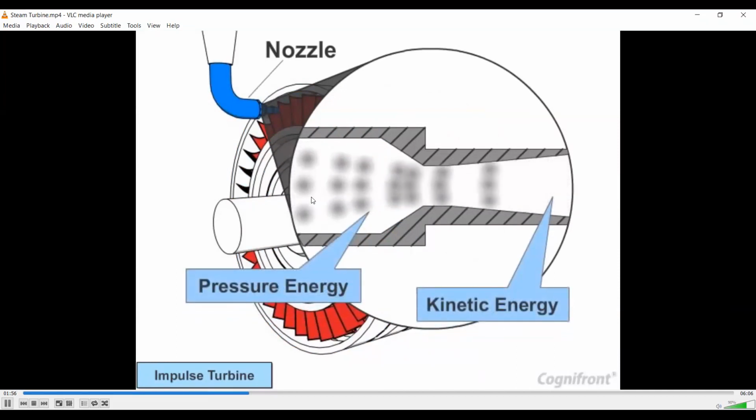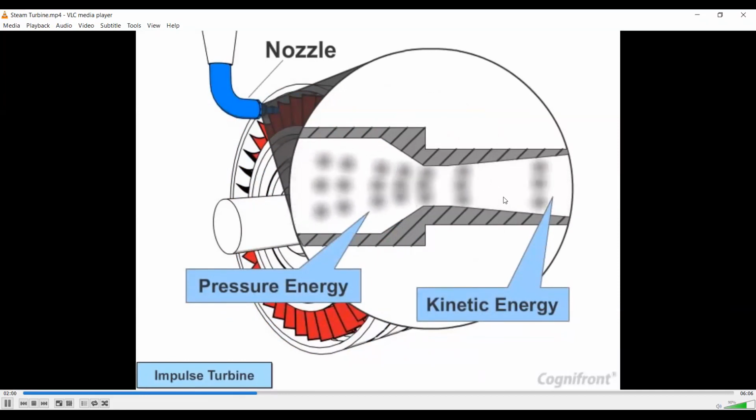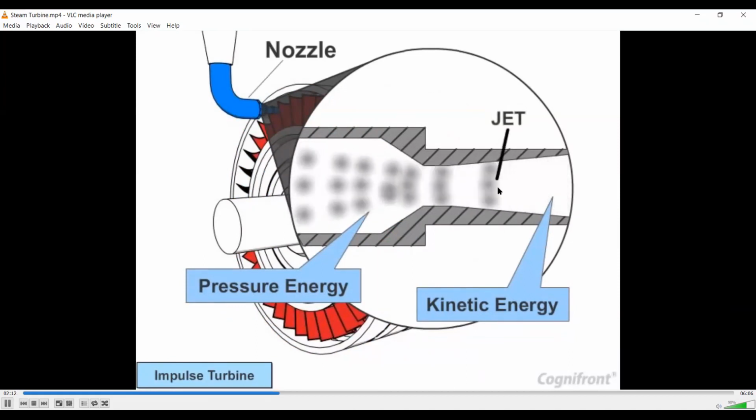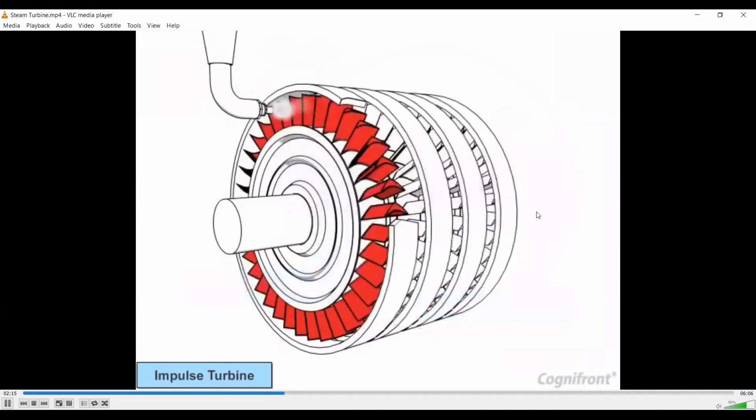So that means the high pressure steam is converted into kinetic energy. That means the velocity at the output of the nozzle increases to a very high value. This high velocity steam from the nozzle is called the jet.